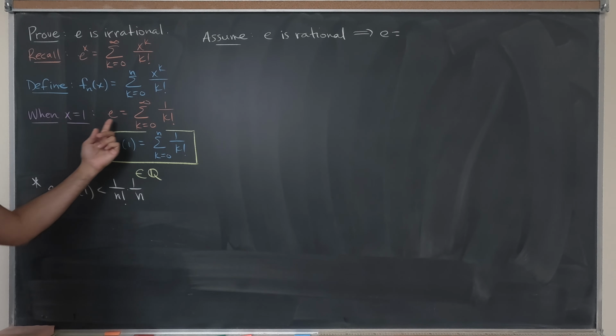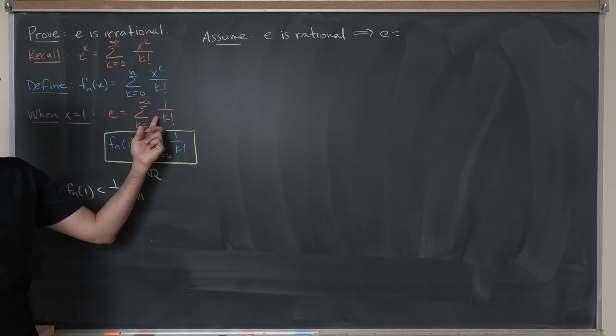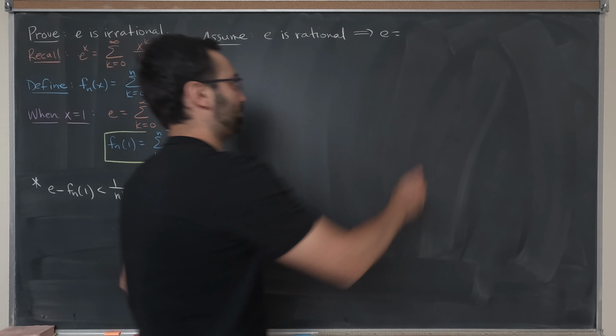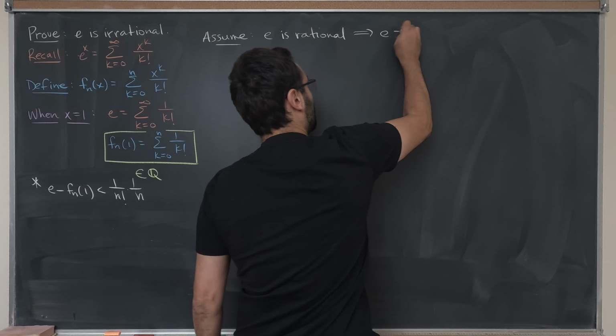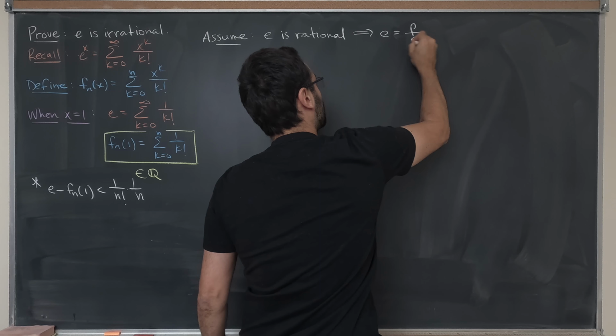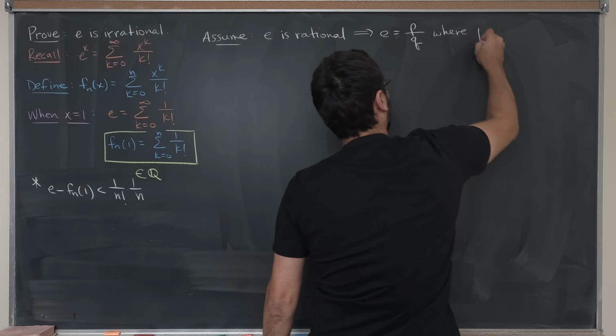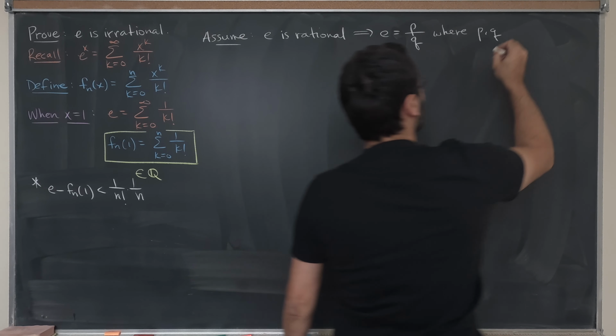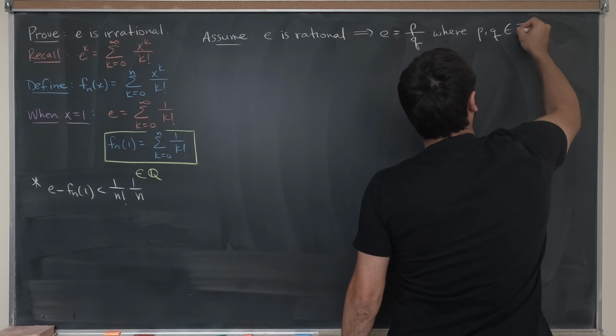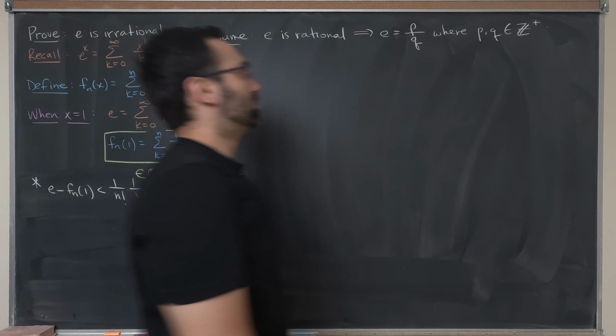But since e here is positive, then we'll say e can be written as a fraction p over q, where p and q are positive integers.